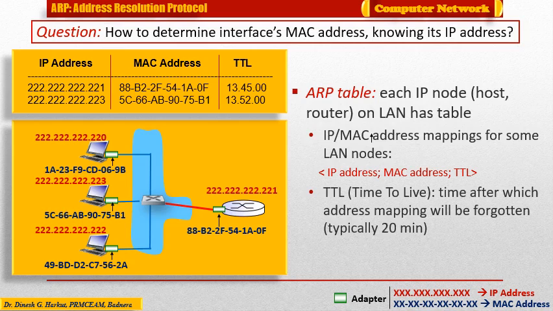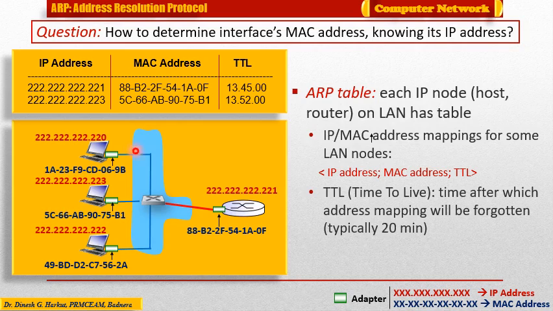Now suppose that the host 222.222.222.220 wants to send an IP datagram to another host or router on that subnet. The sending host needs to obtain the MAC address of that particular destination given the IP address.